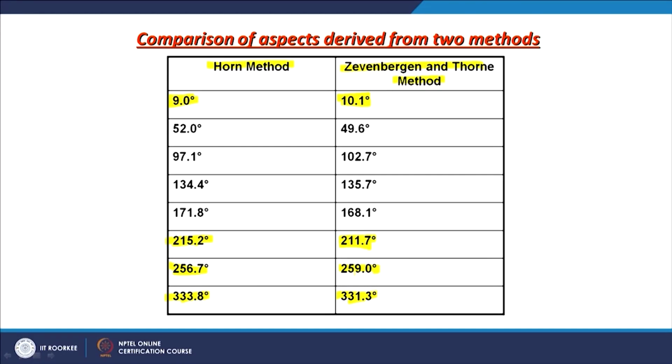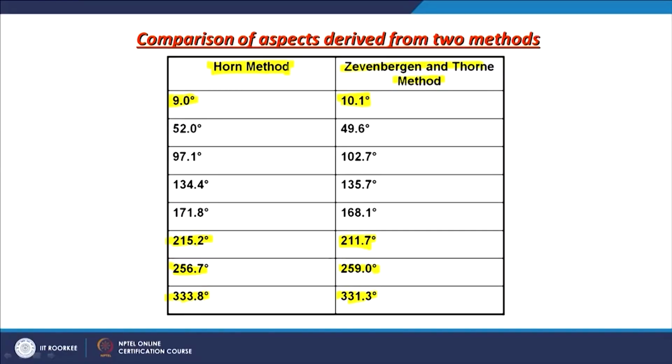In the slope map the variations were much more as compared to the aspect maps created using the two methods. So, definitely each method will have its own advantages and disadvantages. Now, which one to choose? When we discussed the slope part, we said that in ArcGIS software, or many softwares, the Horn method has been implemented.